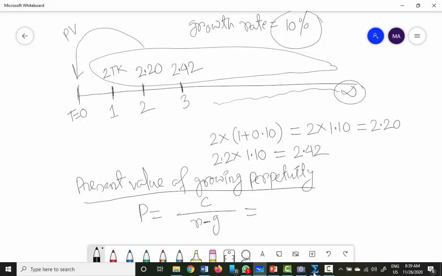Remember, this is the initial cash flow, and from the second period, the dividend receives a 10% growth.